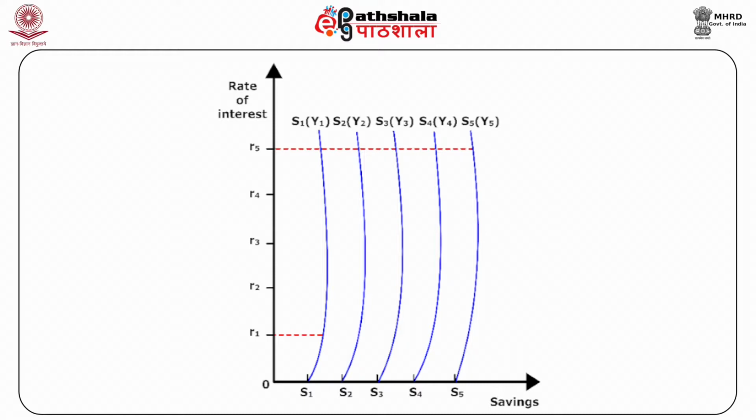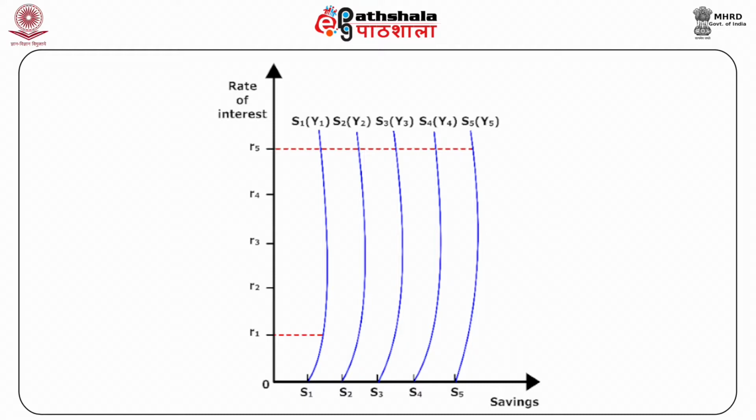You would notice that in the diagram, if we want to observe the effect of income on savings, then we have to move along the x-axis. When we move along the x-axis, the rate of interest is constant, therefore there is no change in the rate of interest. The savings function depends upon the level of income, therefore we choose some level of income y1.